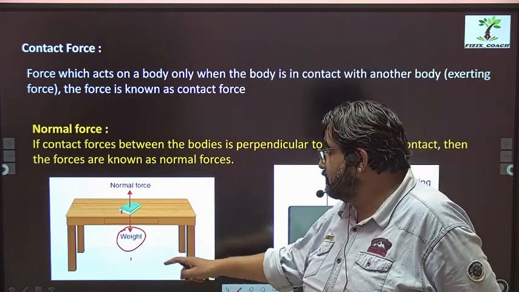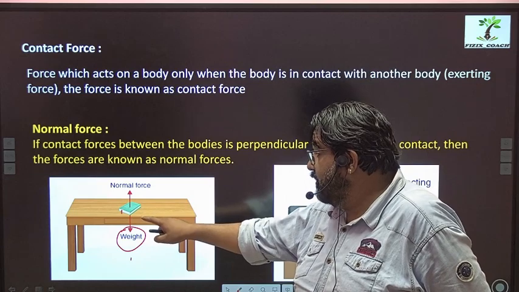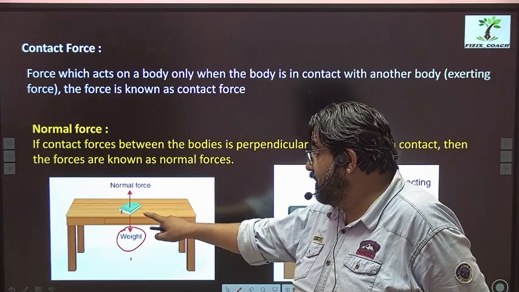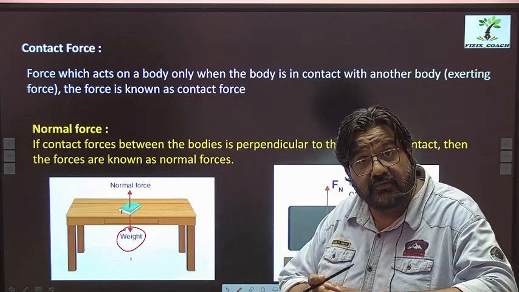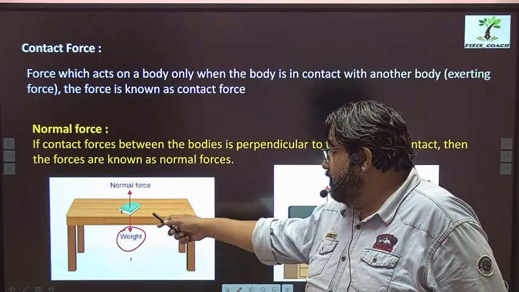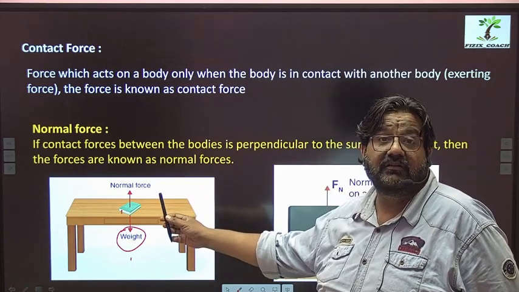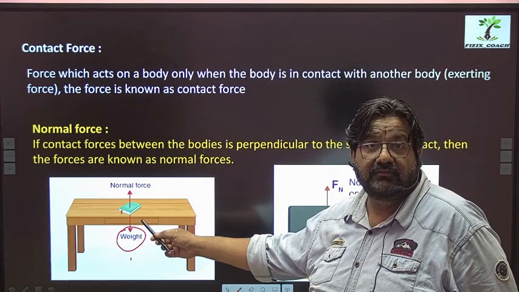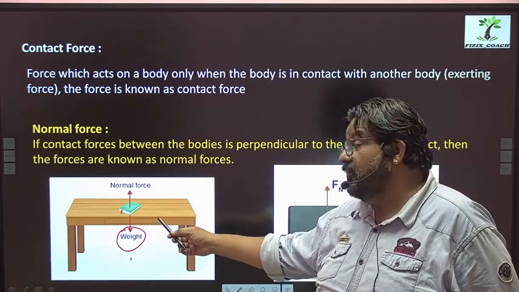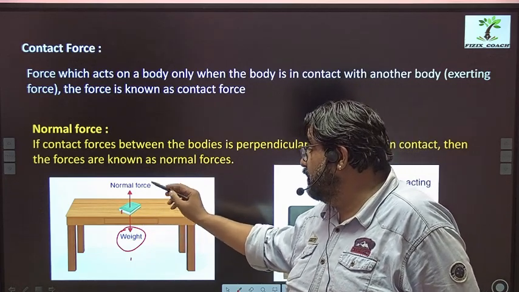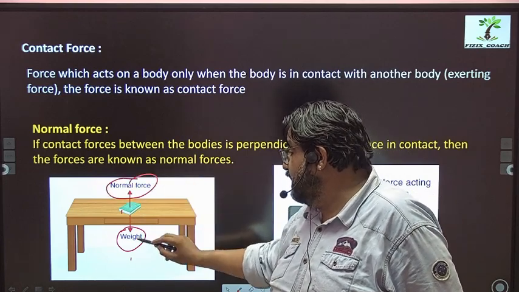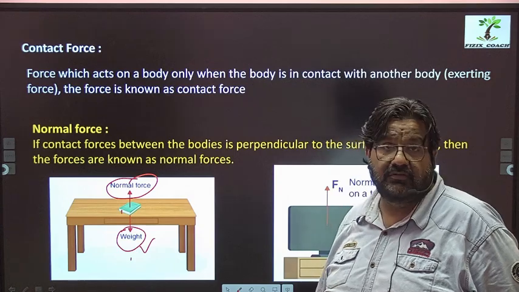Because when the table and book are in contact with each other, the table applies a force in the upward direction onto the book, which is equal to the weight of the book.